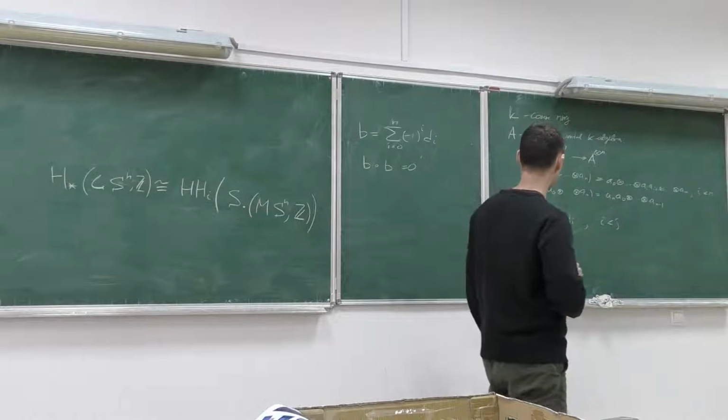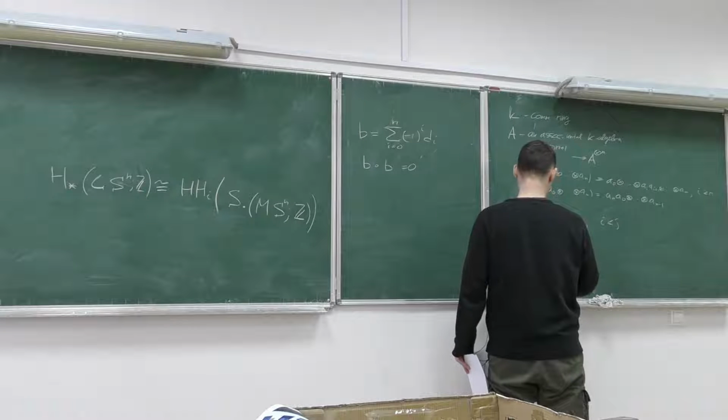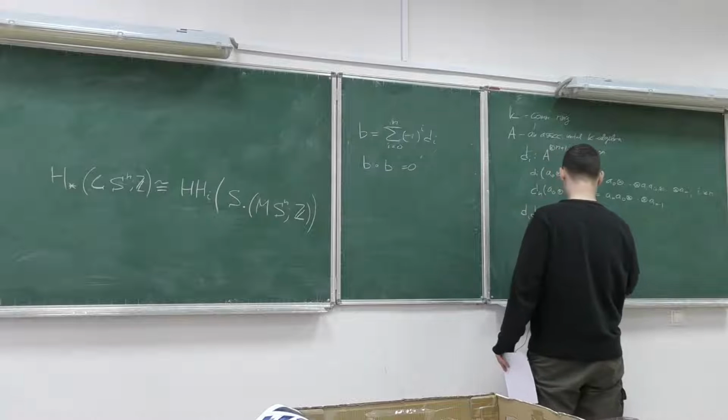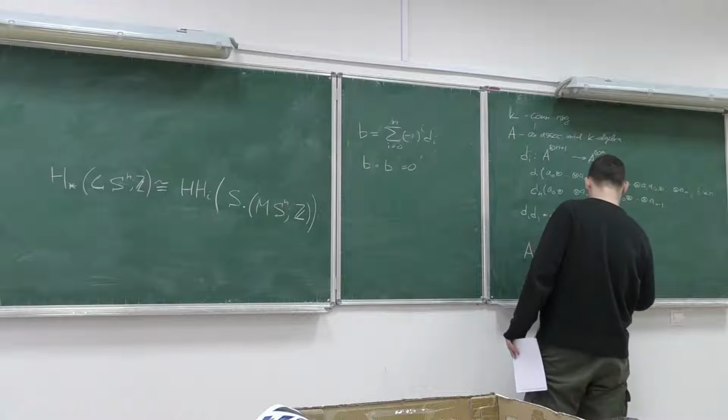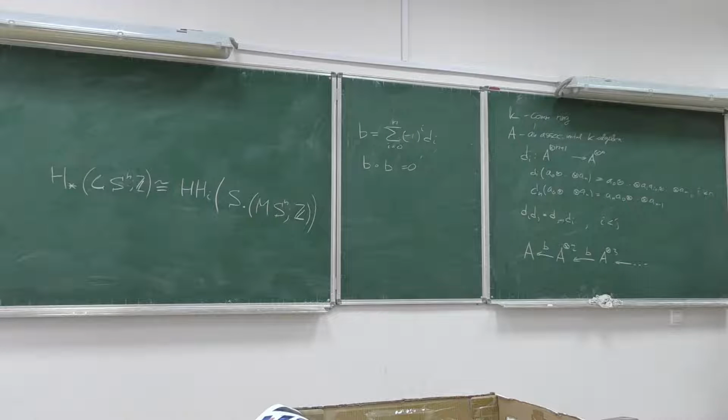And that way we get a chain complex like this, and the homology of this chain complex is called Hochschild homology of the algebra A.